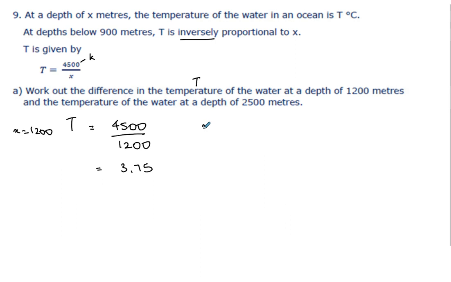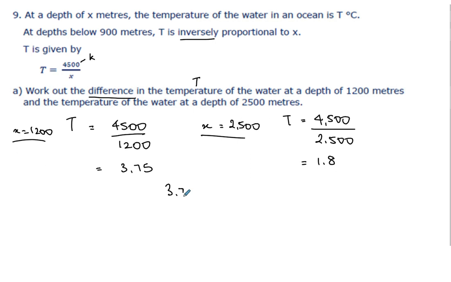And when x equals 2500, then T will be 4500 divided by 2500, which is 1.8. And the nice thing about writing it vertically like this is, can you see when it says work out the difference, all you're now doing is 3.75 minus 1.8 equals 1.95.